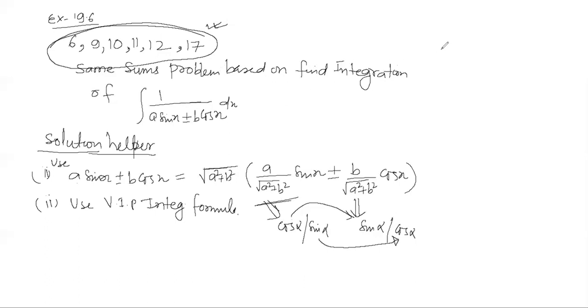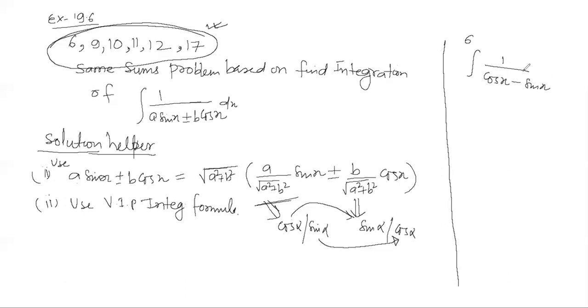And I will use solution helper number 1 and solution helper number 2, and I will show you how to find their solution. Okay, see what is question number 6. Question number 6 tells: find the integral of 1 upon cos x minus sin x.